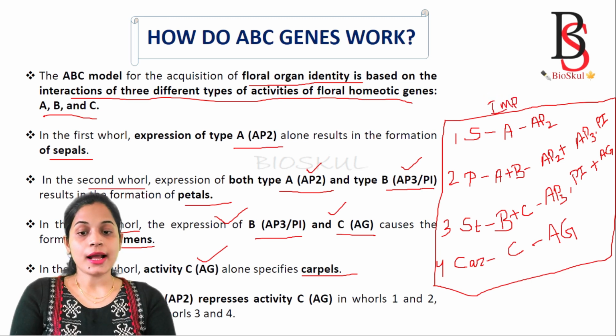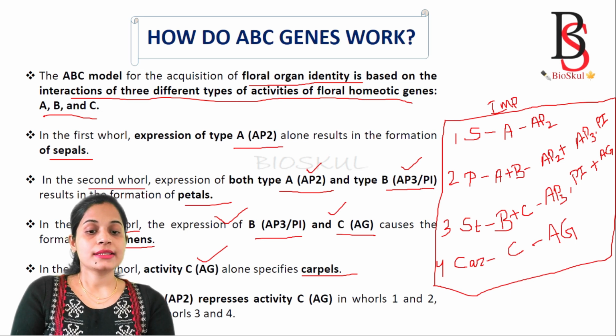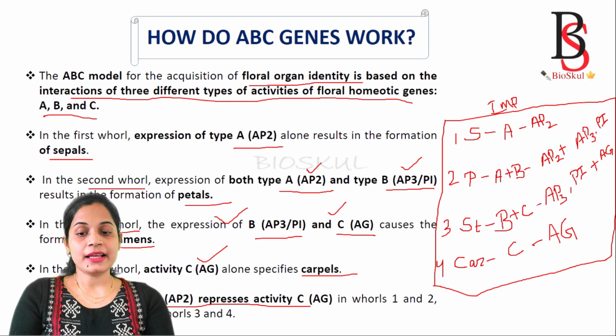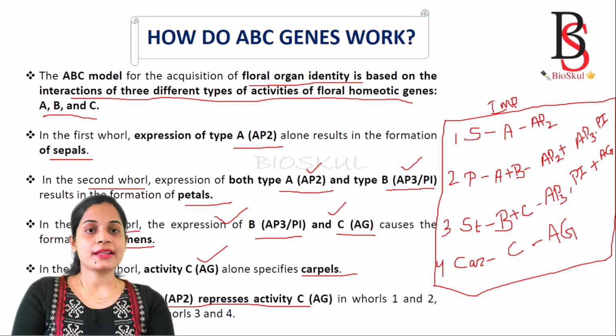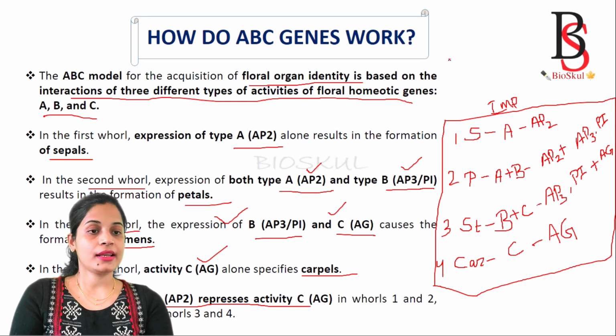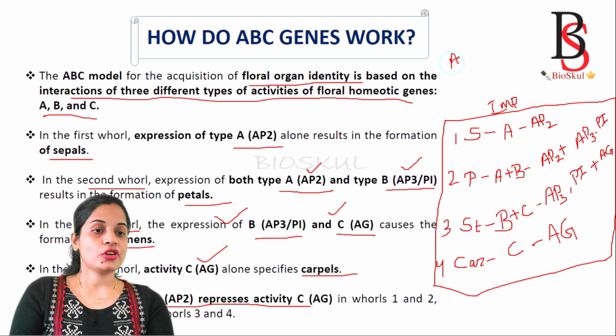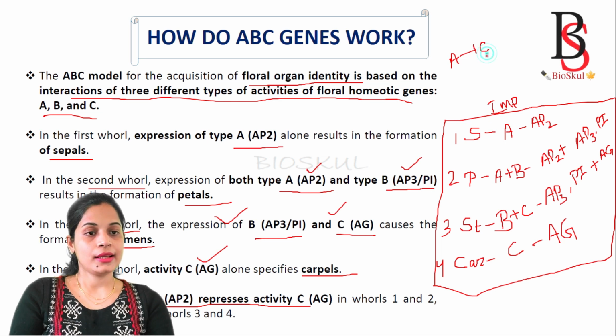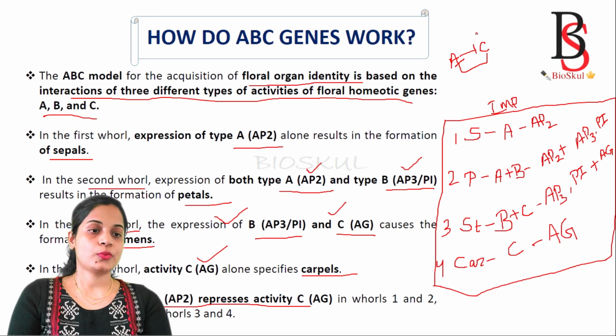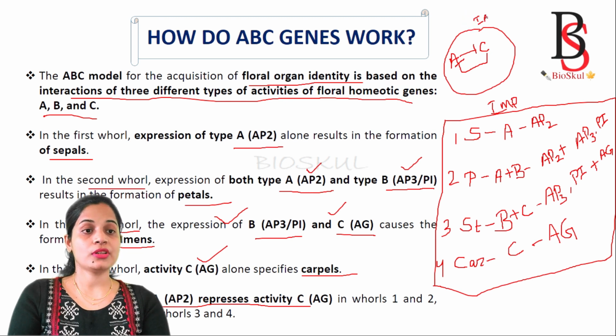In addition, the activity of A replaces the activity of C, and similarly C also replaces A. That is, A inhibits the expression of C and C inhibits the expression of A. Okay, these two points are very important. You just remember these, and they will help you in solving all the questions you will see later on.